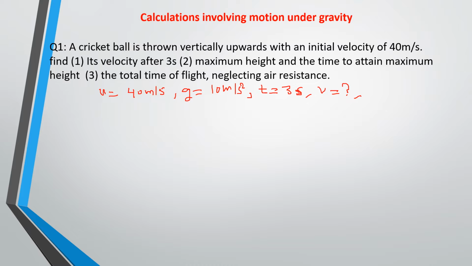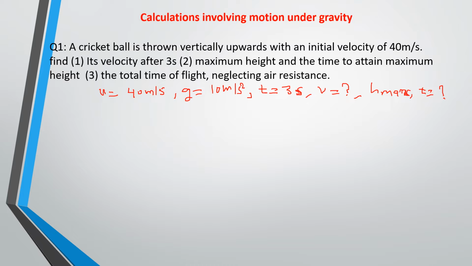Then in the second question, you are asked to find h max, that is maximum height. Then you are also asked to find the time to attain that, time for h max, which you don't know, so we'll look for that too.